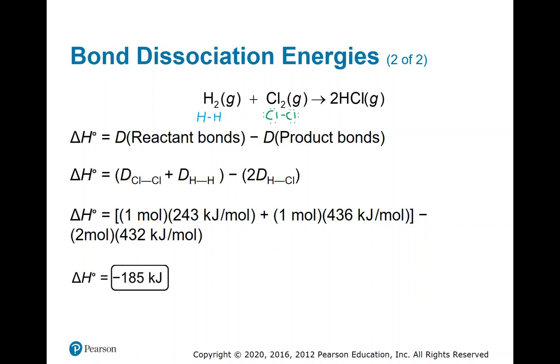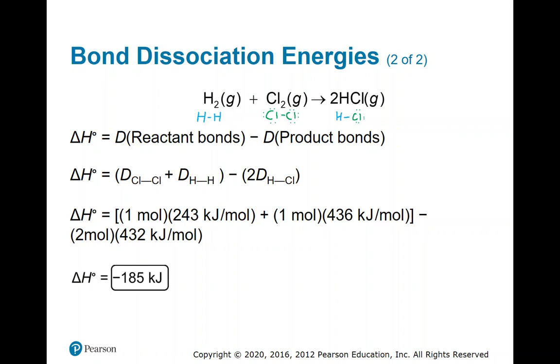Now, the product that we're forming, HCl, in the gaseous phase is a covalent compound, and that consists of a hydrogen atom with a single bond to a chlorine atom. And that chlorine atom is going to have 3 lone pairs of electrons on it.